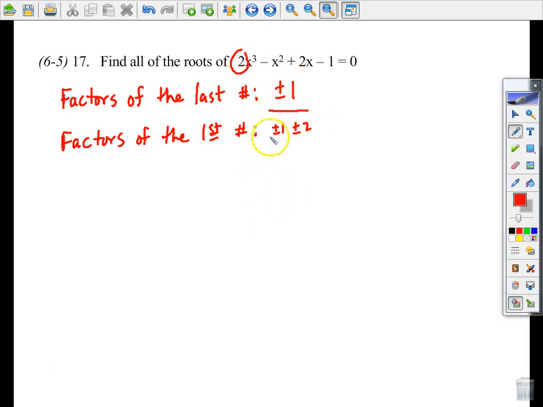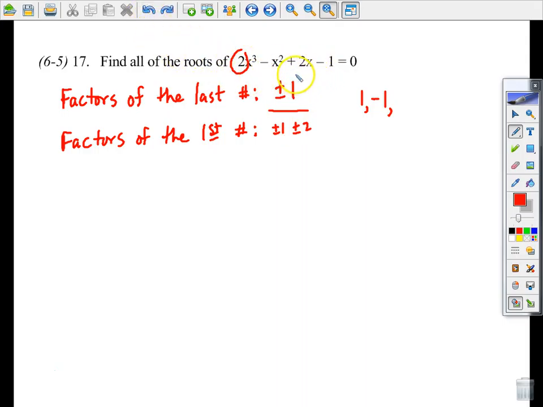So from this fraction, we have possibilities for rational roots. That's why this is called the rational root theorem. We have 4 numbers that are possible rational numbers that could be roots. And hopefully you can see that those numbers are 1 and -1, because we get both of those from just putting these together over each other.